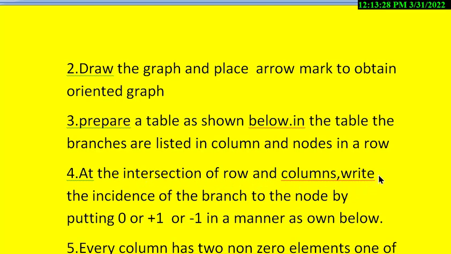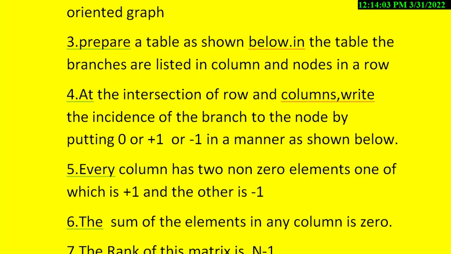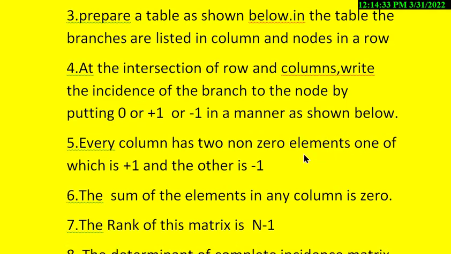The fourth step is, at the intersection of row and column, write the incidence of the branch to the node by putting 0, +1 or -1 in a manner as shown below.